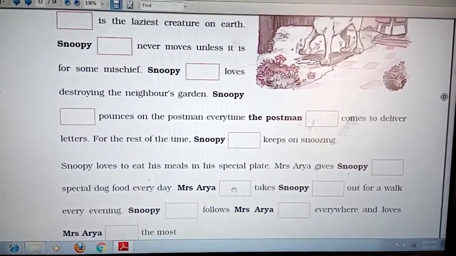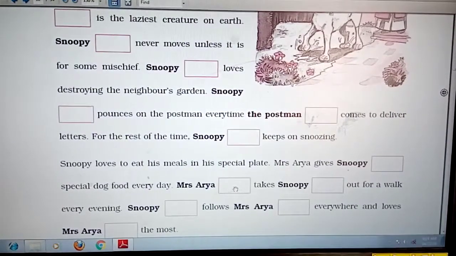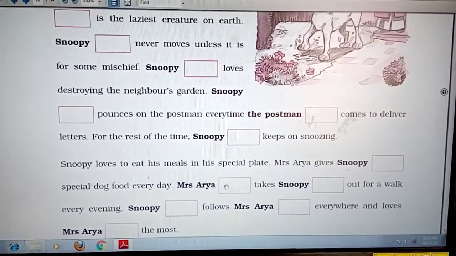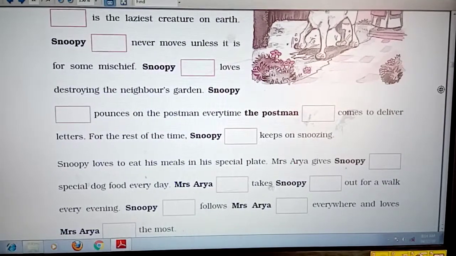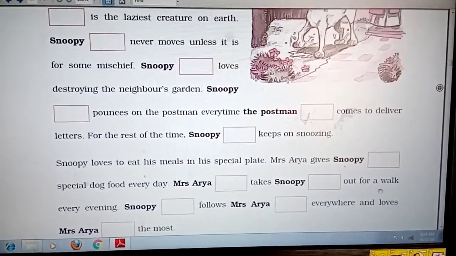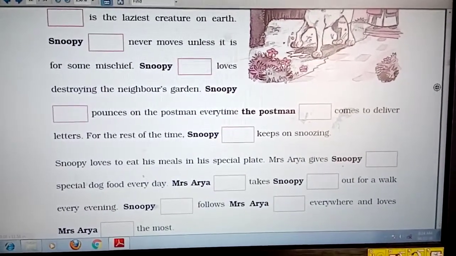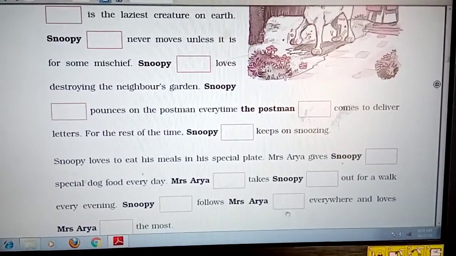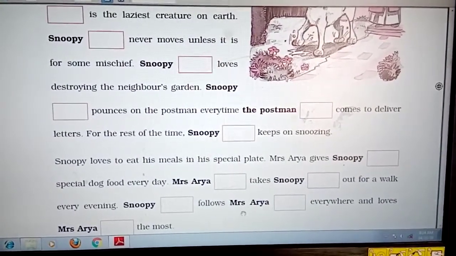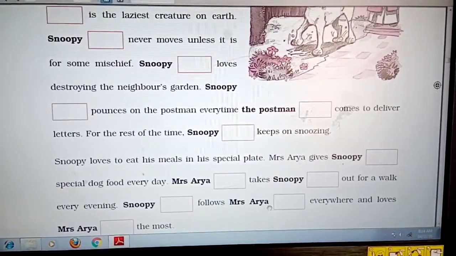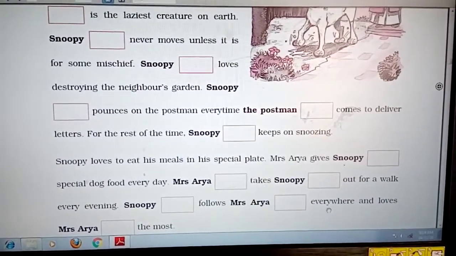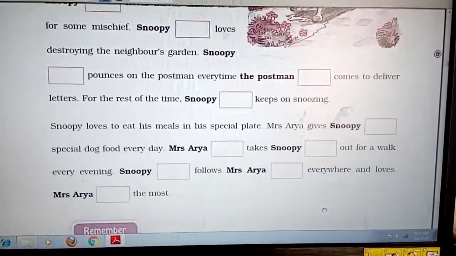Mrs. Arya: you can use she in the place of Mrs. Arya. She takes him out for a walk every evening. He follows her everywhere and loves her the most. You will use her in the place of Mrs. Arya.